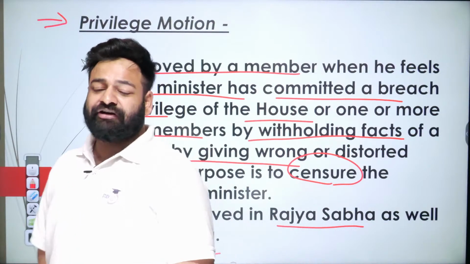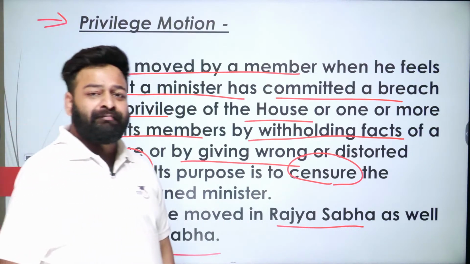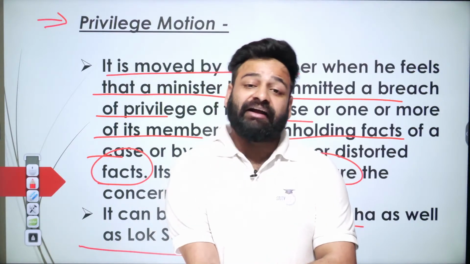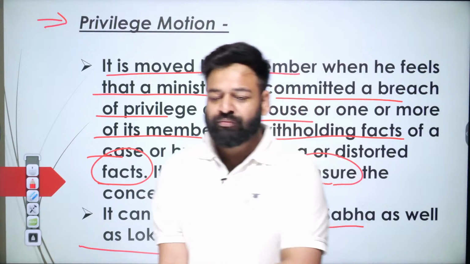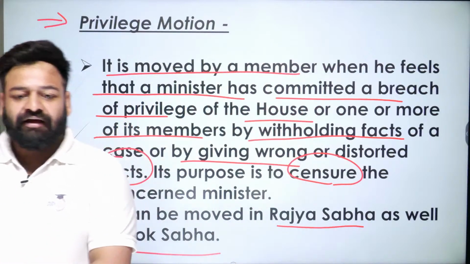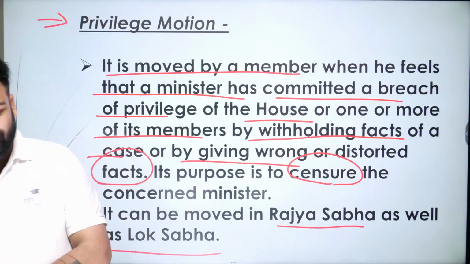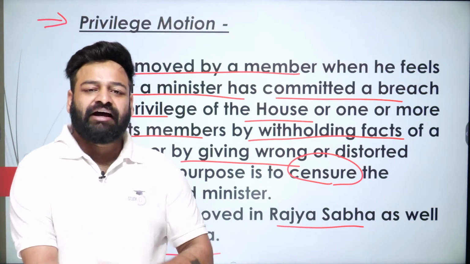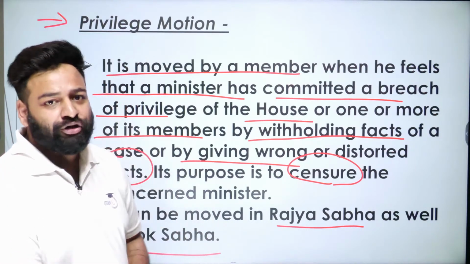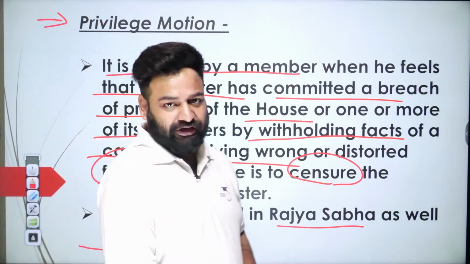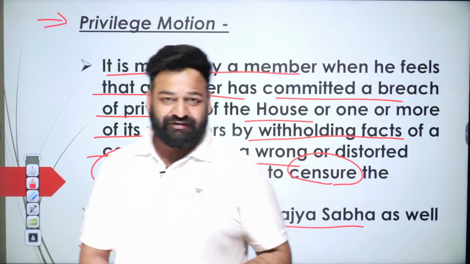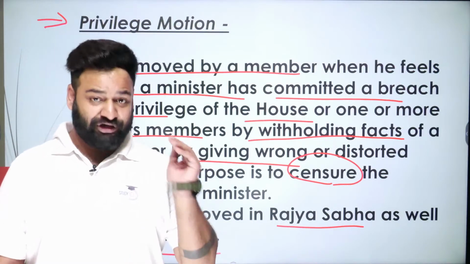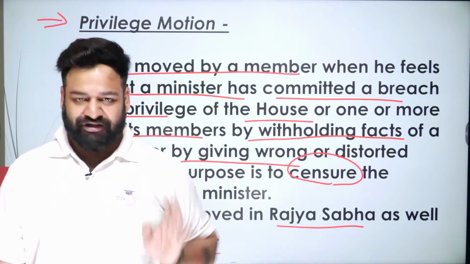Privilege motion is moved by a member of the Lok Sabha, or maybe the Rajya Sabha also, against a minister on whom the member is stating that, in my opinion, the minister has breached his or her privilege, a privilege that the constitution has provided to the minister for being a minister. So this particular privilege motion can be initiated against a minister or ministers.